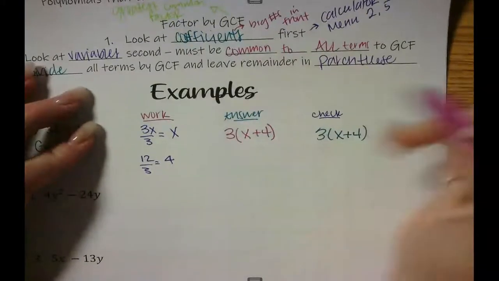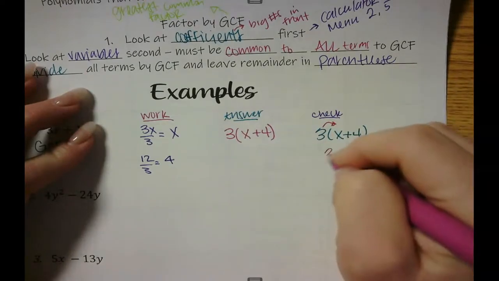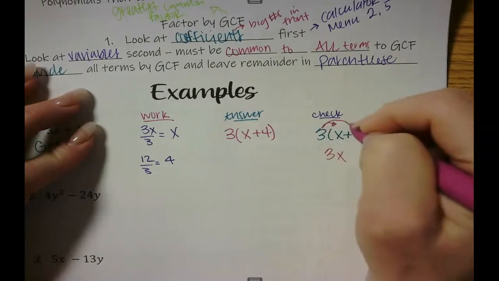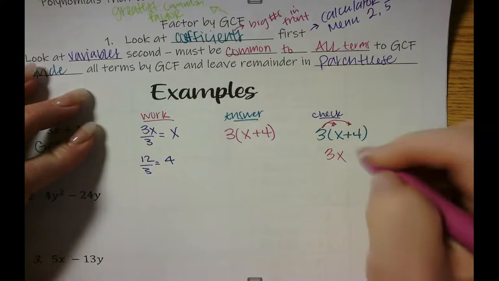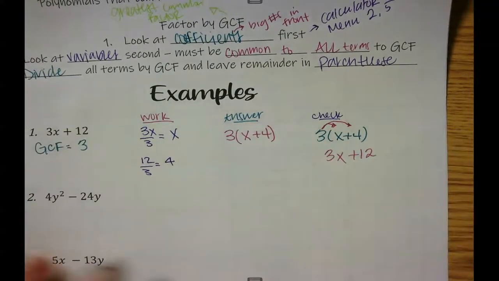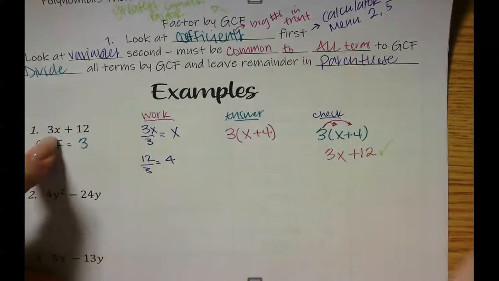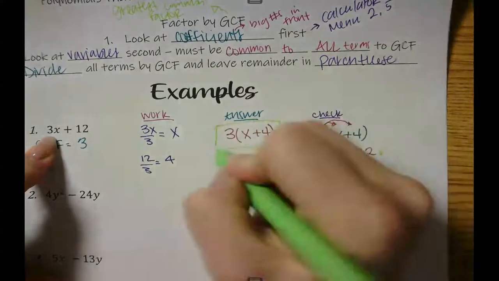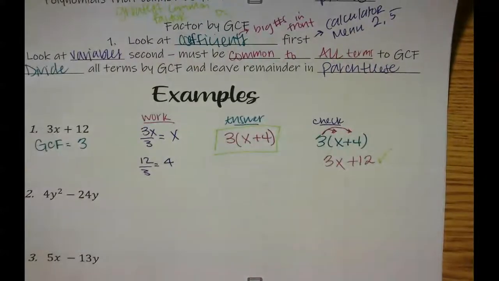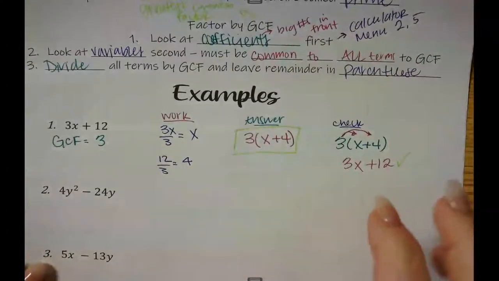So I've got a 3 on the outside. I'm going to multiply 3 times x, and that gives me 3x, and then multiply 3 times positive 4. That gives me positive 12. Since this one matches my original, this checks out, and this is my answer. I am going to require to see all of these steps on your paper.